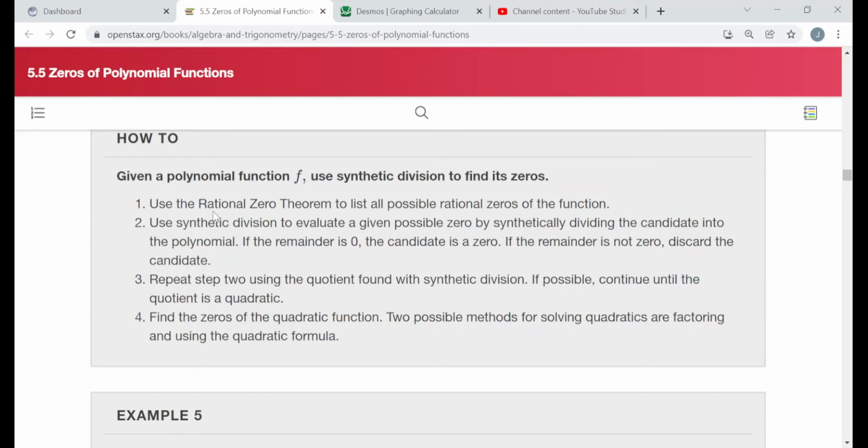But first we're going to use the rational zero theorem to list all possible rational zeros of the function. Then I'm going to use synthetic division to evaluate a given possible zero. If the remainder is 0, then that number is a zero of the function. The number I plugged in is a zero of the function.